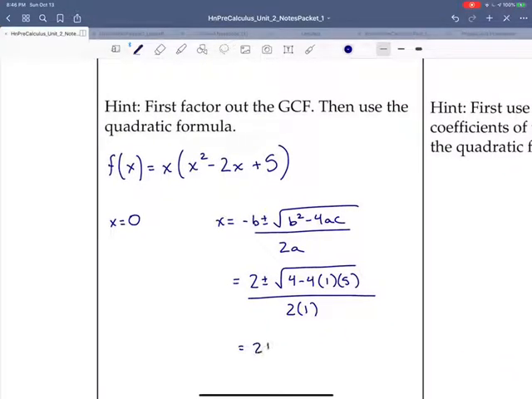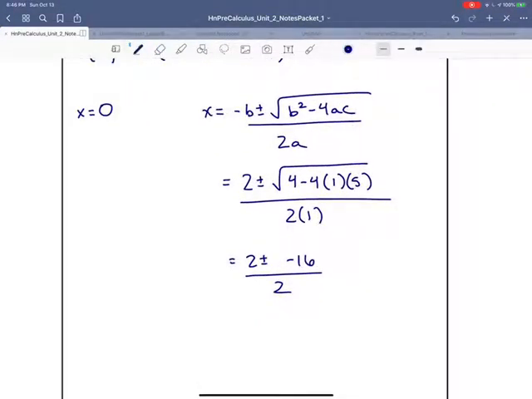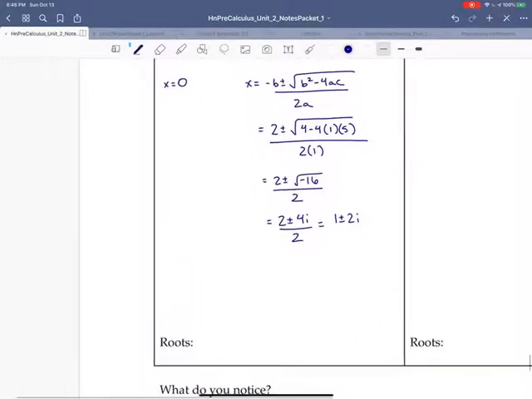Simplifying that gives 2 plus or minus the square root of 4 minus 20, so that's negative 16, all over 2. The square root of negative 16 is 4i, because 4i is the imaginary number whose square is negative 16. So I get 1 plus or minus 2i. So the roots of this polynomial function are 0, 1 plus 2i, and 1 minus 2i.